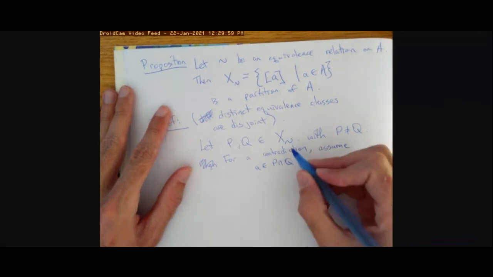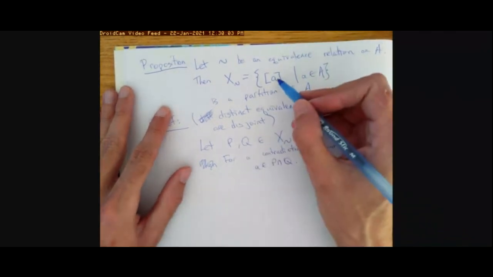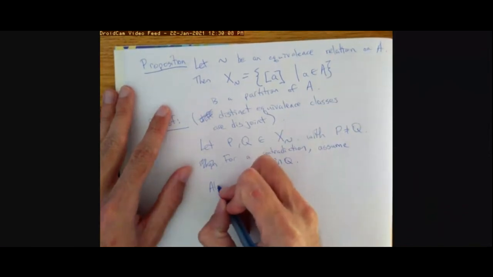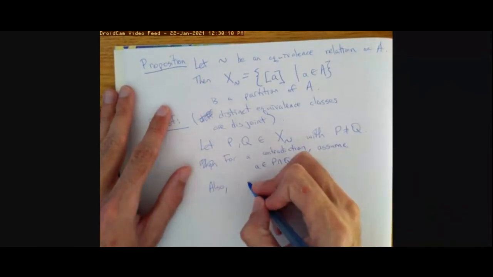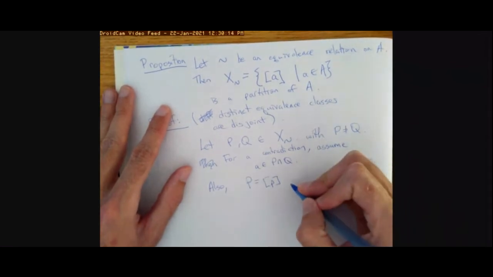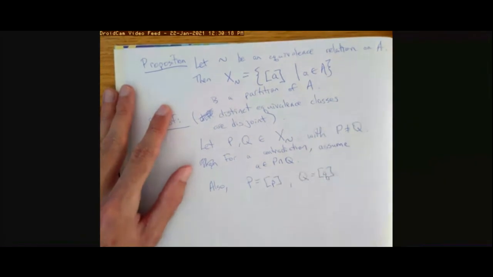Now, by the definition of X squiggle, P and Q are both equivalence classes of some elements. So you can write P to be the equivalence class of little p, and Q to be the equivalence class of little q, for some p and q.